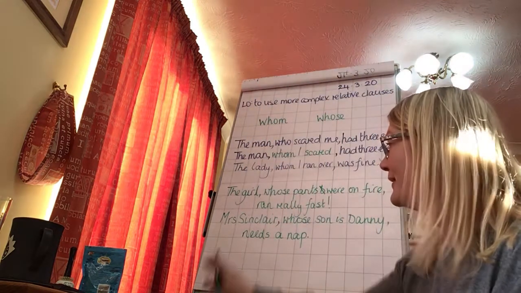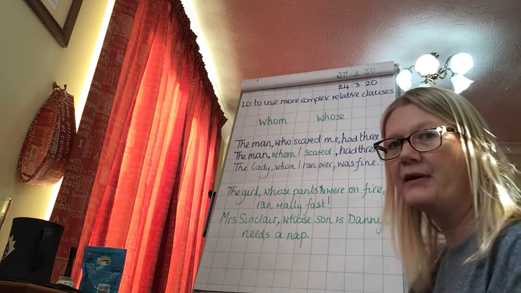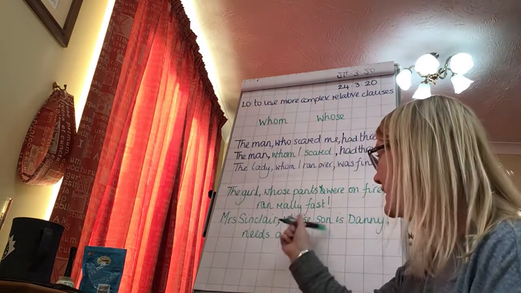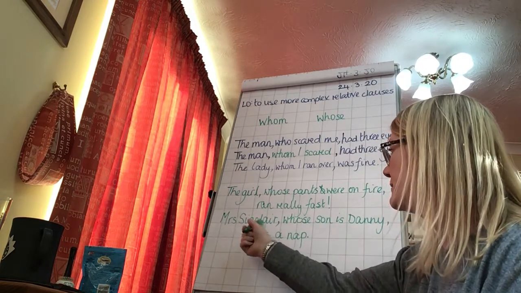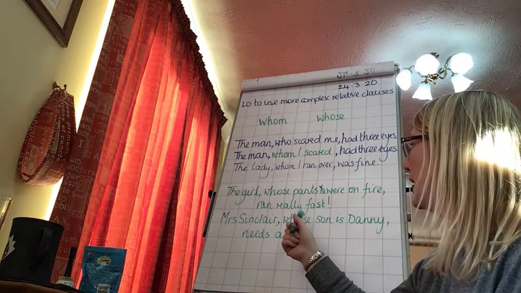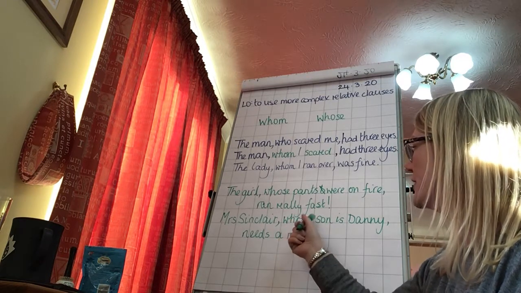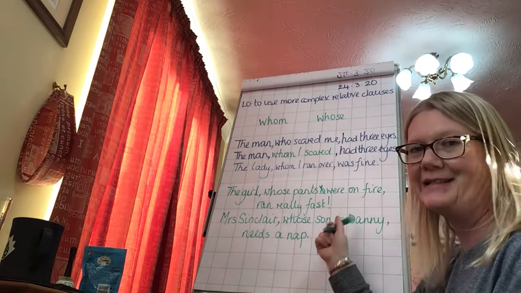Very true. Mrs. Sinclair, whose son is Danny, needs a nap. Again, we're showing possession. Danny is my son. I'm the subject of the main clause. Mrs. Sinclair needs a nap. And he is my son. So whose son is Danny?